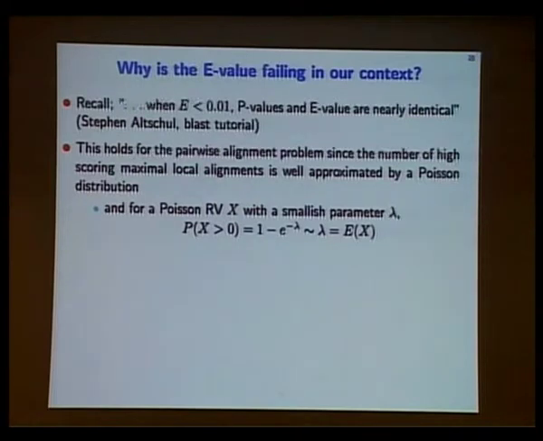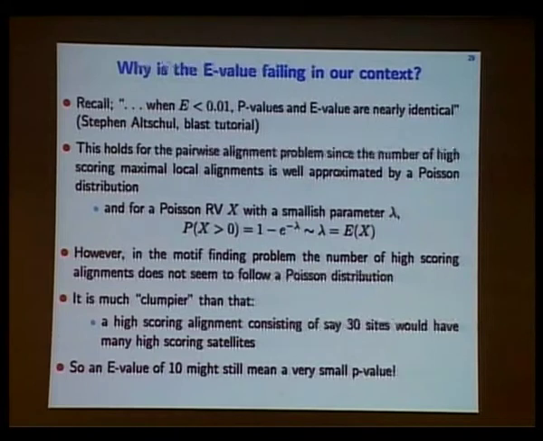Now, the reason it fails here is that for the motif finding problem, the number of high-scoring alignments does not seem to follow the Poisson distribution. It's much clumpier. By that I mean, say the alignment is made of 30 sites, and you have a really good high-scoring alignment.